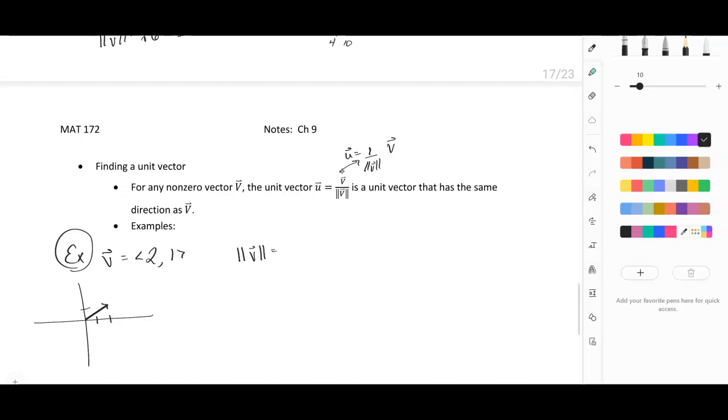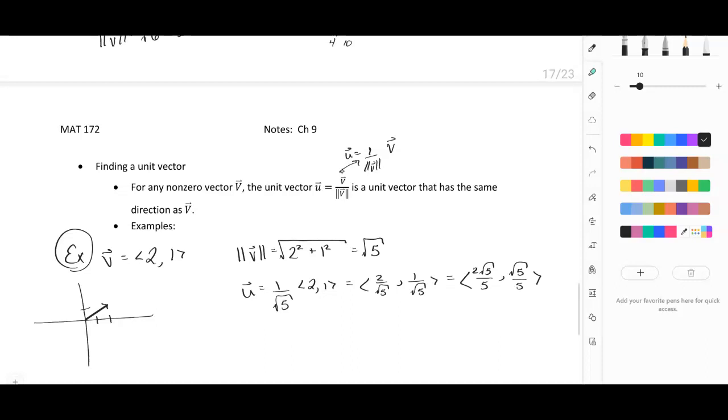Magnitude is going to be the square root of 2 squared plus 1 squared, which is the square root of 5. So my unit vector would be 1 over the square root of 5 times vector v. So I'm going to get 2 over the square root of 5, and I'm going to get 1 over the square root of 5. And if I were to rationalize that, multiply the top and bottom by square root of 5, so we get rid of square roots in the bottom, I end up with that.